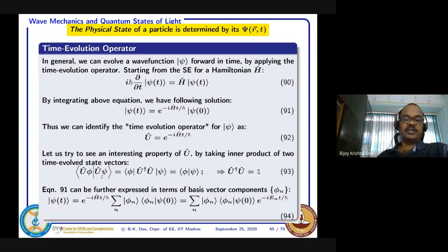So you can express this as bra phi, then U dagger U, and psi. Now this U dagger U is nothing but taking the complex conjugate of this one, and considering the Hamiltonian as a real one, you get, in principle, 1. So we finally get the inner product of phi and psi.